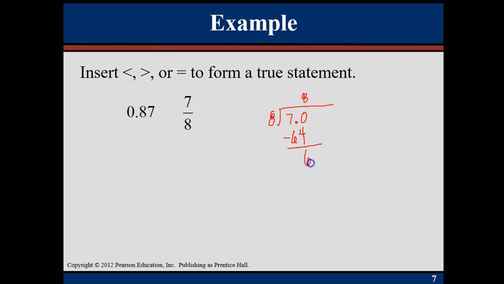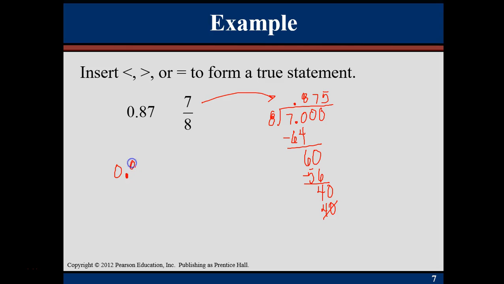When I subtract, I get 6, and I add on another 0, bring that down. 60 divided by 8 is 7. 7 times 8 is 56. I subtract, I get a 4, and I add one more 0, and then I'll be able to have no remainder because 8 times 5 is 40. So 7/8 written as a decimal is 0.875.